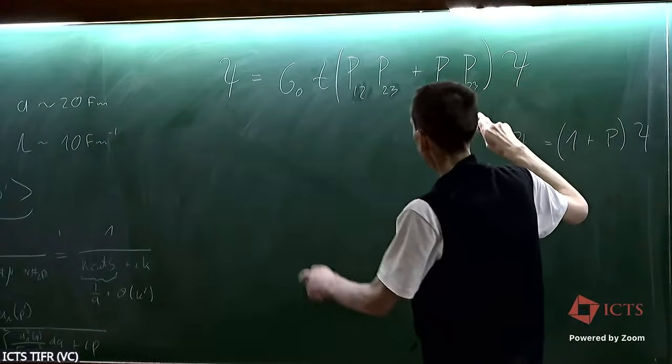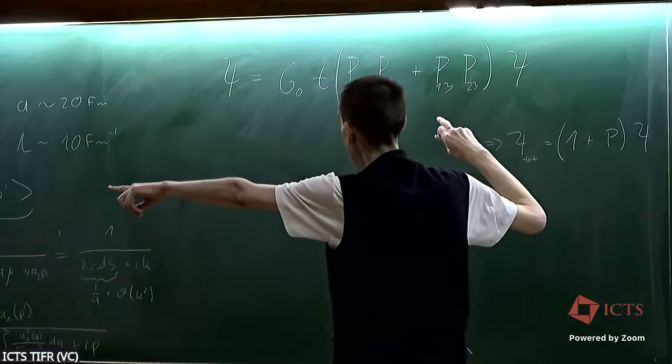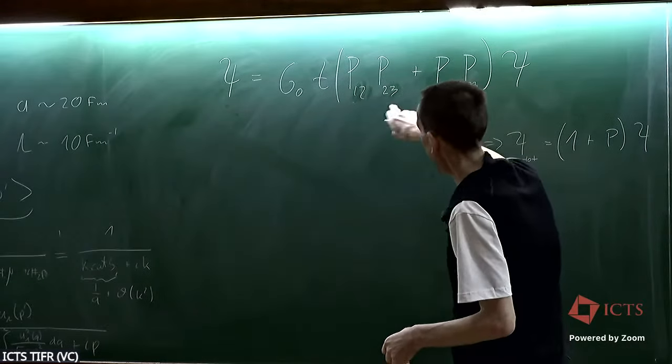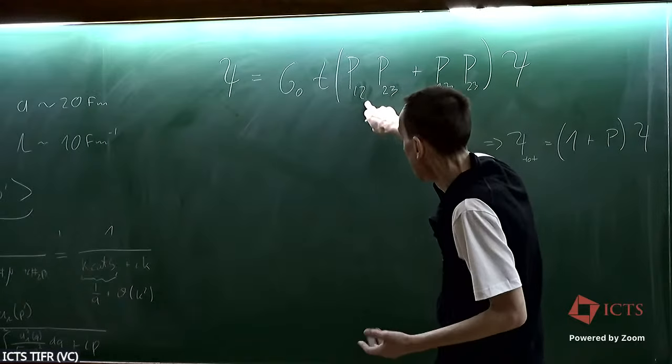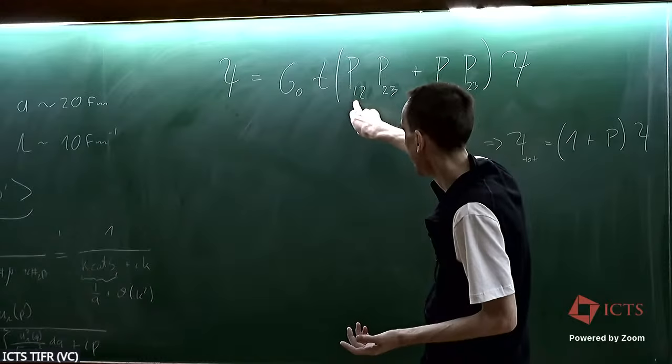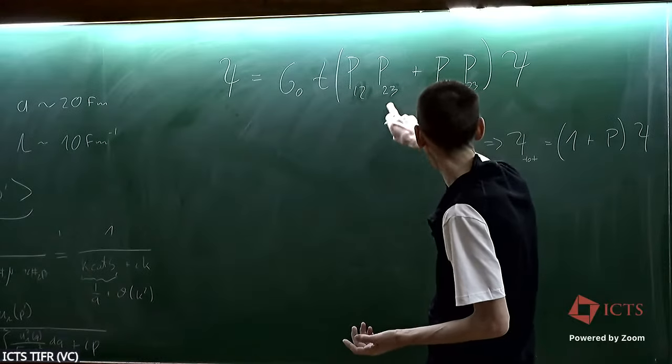Yeah, so that reduces the set of equations to a single equation to be solved. The permutation operators here do what the indices indicate: exchange particle 1,2, 2,3.